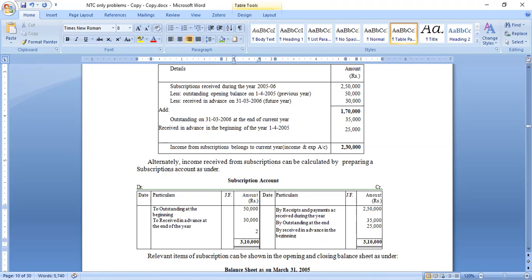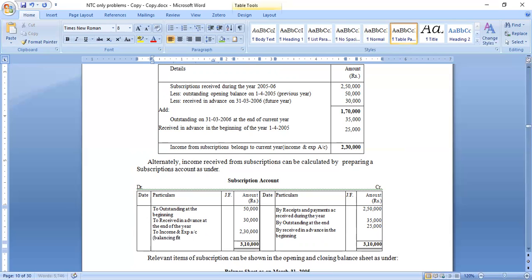So it comes around 2,30,000. Balancing figure.